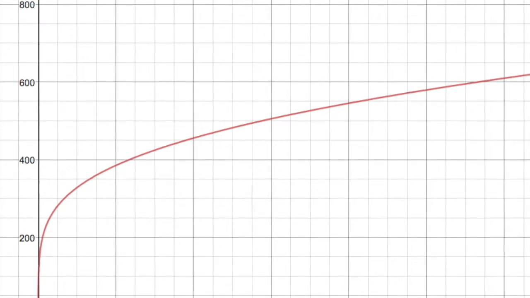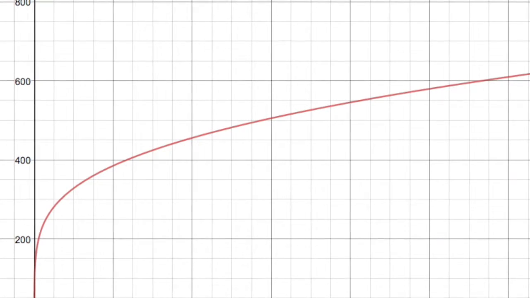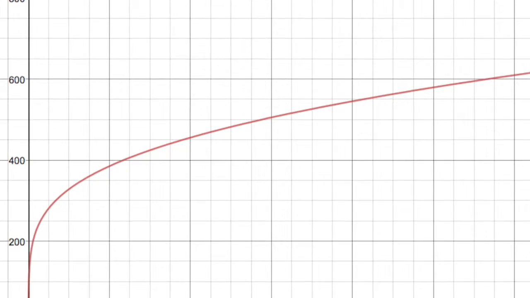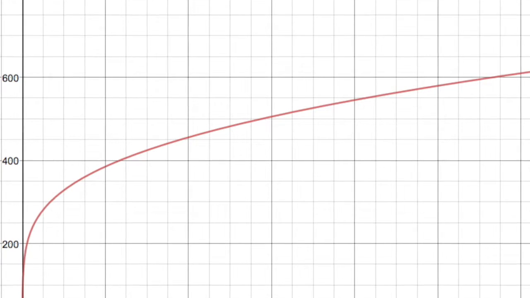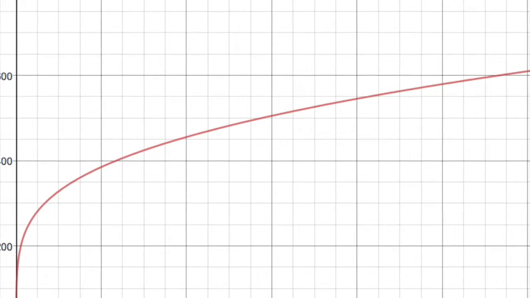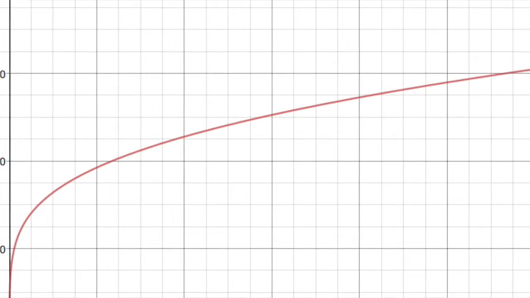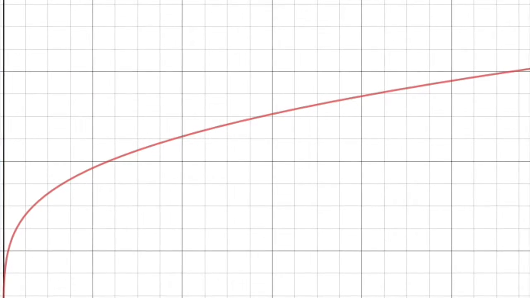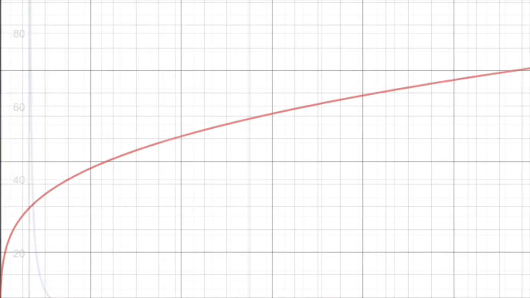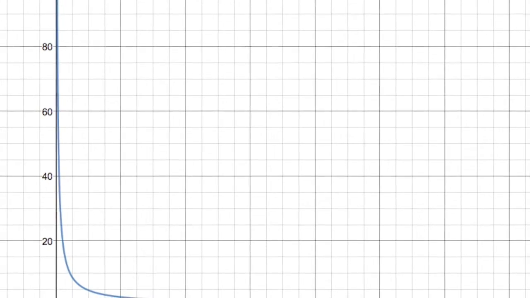This graph shows the function of the problem mentioned before: 87.97 plus 34.96 ln of P plus 7.91 square root of P. This graph shows the rate of change of T with respect to P at 10.